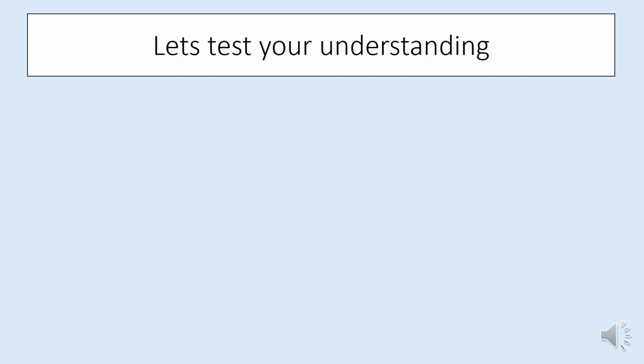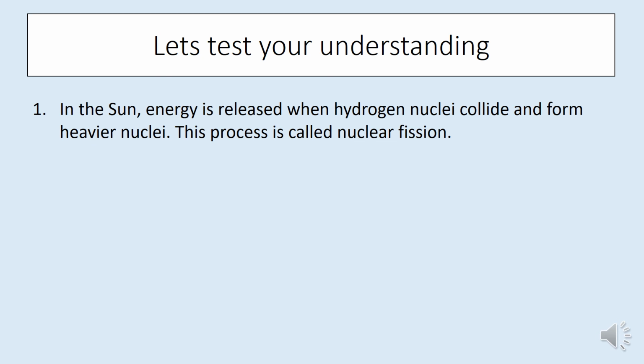Now that we have finished the lesson for nuclear energy, let's test your understanding. Let's start with the first question. In the Sun, energy is released when hydrogen nuclei collide and form heavier nuclei. This process is called nuclear fission.